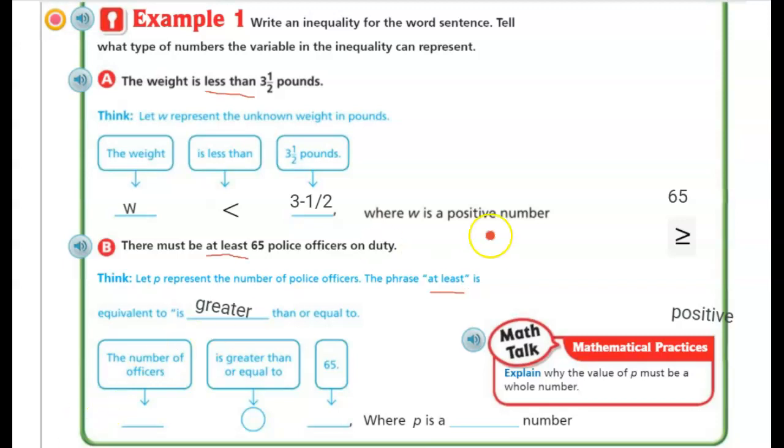So the number of officers is greater than or equal to 65, where P is a positive number.